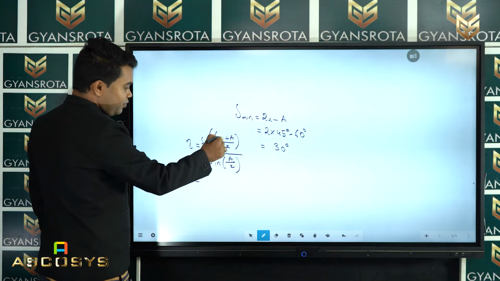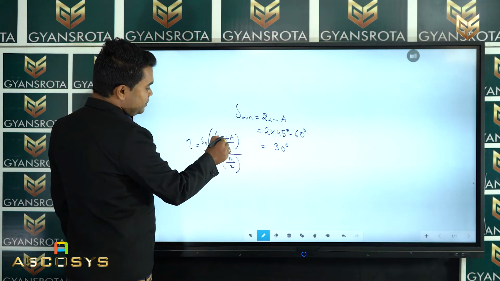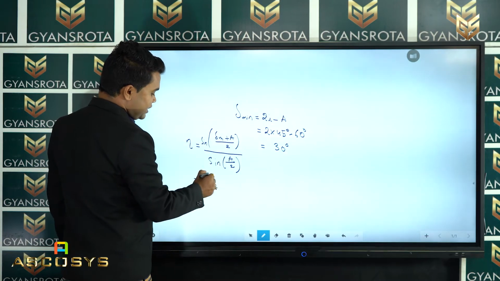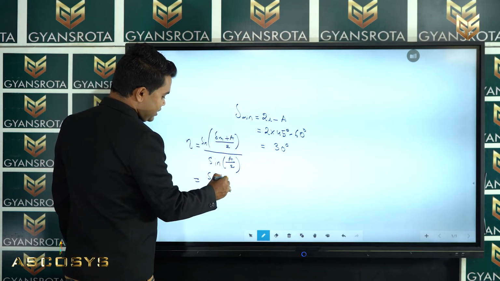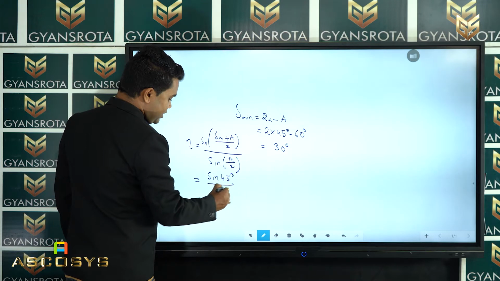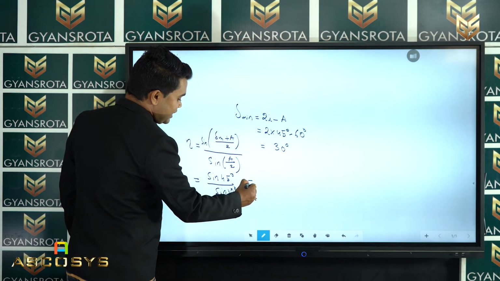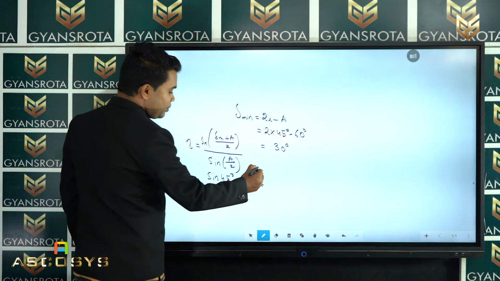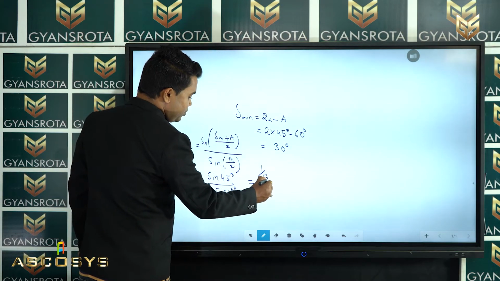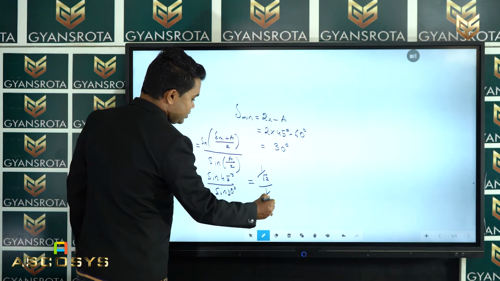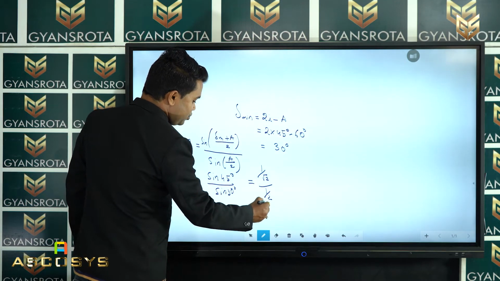So, from here, 30 plus 60 is 90, that is sine 45 degree, and sine of 30 degree. Sine 45 is 1 by root 2, and sine 30 is 1 by 2. So, your final answer would be root 2.